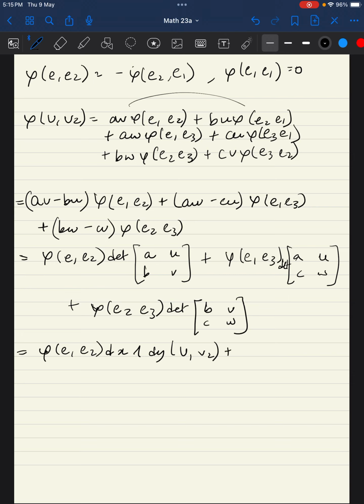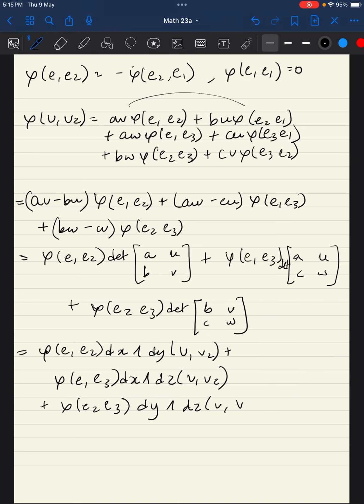So phi of V1, V2 equals phi of E1, E2 times dx, dy of V1, V2 plus phi of E1, E3 times dx, dz, and then phi of E2, E3 times dy, dz.